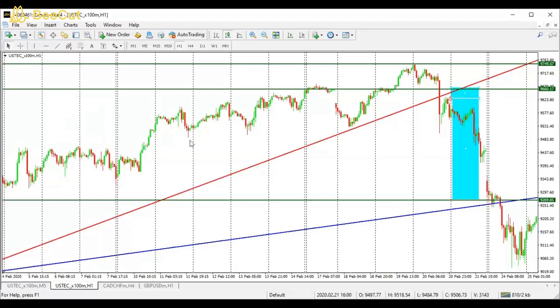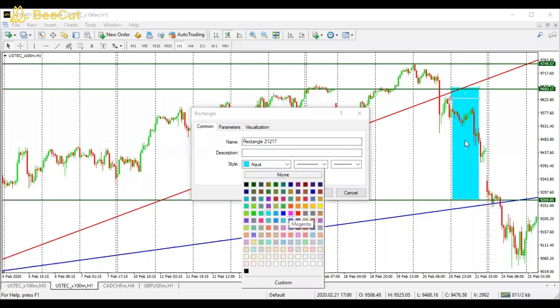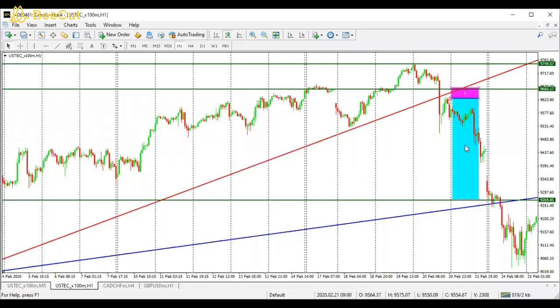I just want to change the risk portion to magenta. So you can see that in this trade, our risk is very tiny compared to our expected reward.